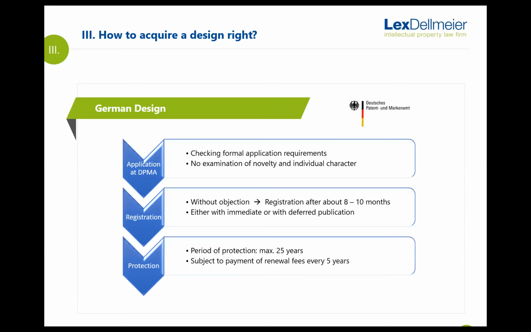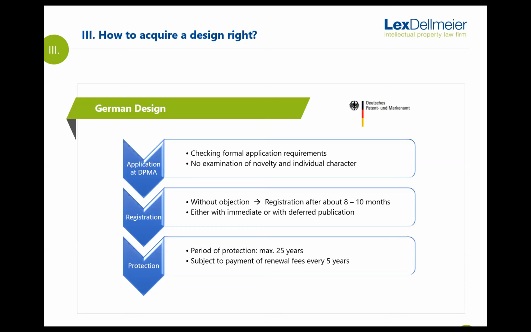So how about German designs? How do I obtain a German design? You file an application with the German Patent and Trademark Office, and the office then checks formal requirements of the application. Have you given the name of the applicant? Have you, of course, paid your fees?